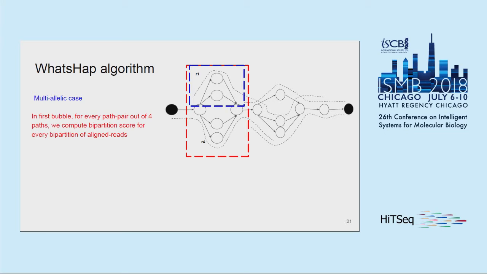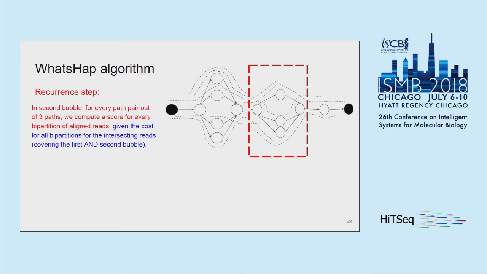Now for the multi-allelic case, we consider all possible path pairs out of the 4 alleles here and compute the bipartition score for every bipartition of the aligned reads. So in this, the possible path pairs will be 4 choose 2.